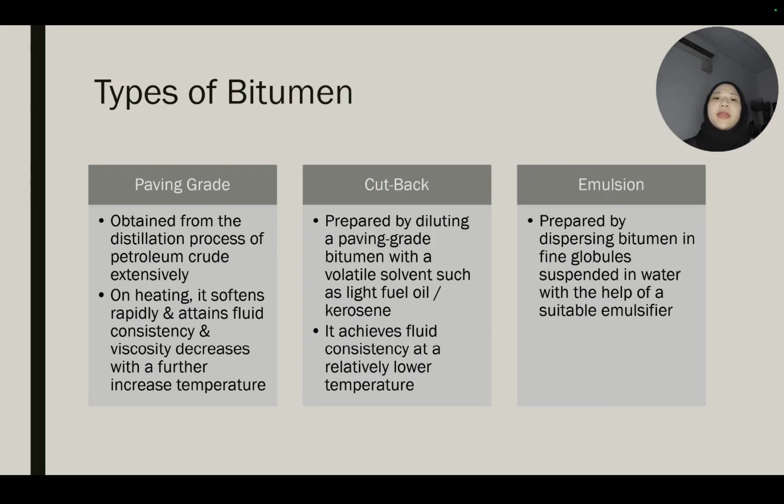Cutback is prepared by diluting a paving grade bitumen with a volatile solvent such as light fuel oil or kerosene. And emulsion is prepared by dispersing bitumen in fine globules suspended in water with the help of a suitable emulsifier.